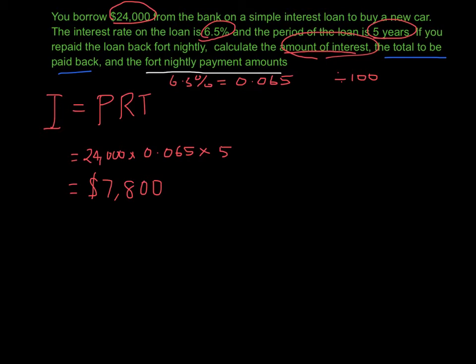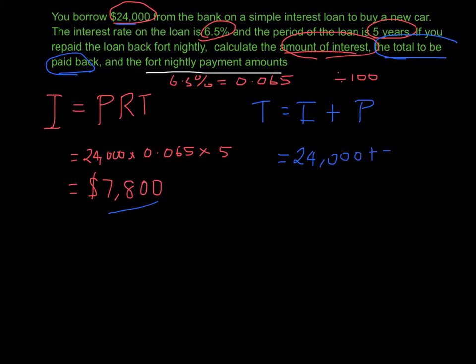For the second part of the question, the total to be paid back, that is just simply going to be equal to the interest plus the principal. The total is going to be equal to the interest plus the principal, because we borrowed 24,000 and then we've had this $7,800 of interest put on top of it. So that's the total we'd have to give back to the bank. So the original was 24,000.